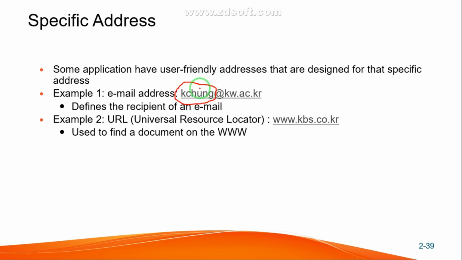So this makes it a specific address, so that the mail is given to you only. It should be dropped into your mailbox only. So this is called the specific address.